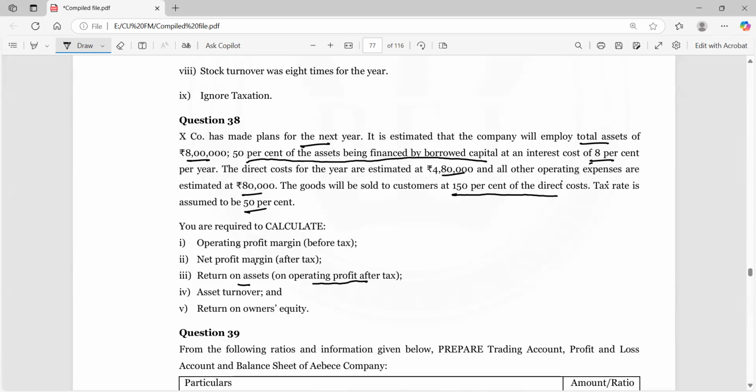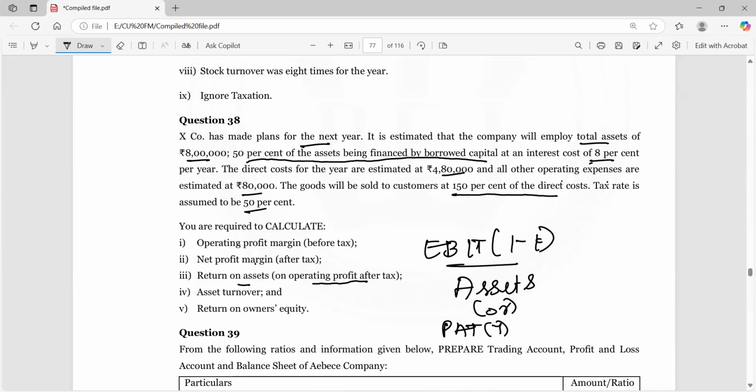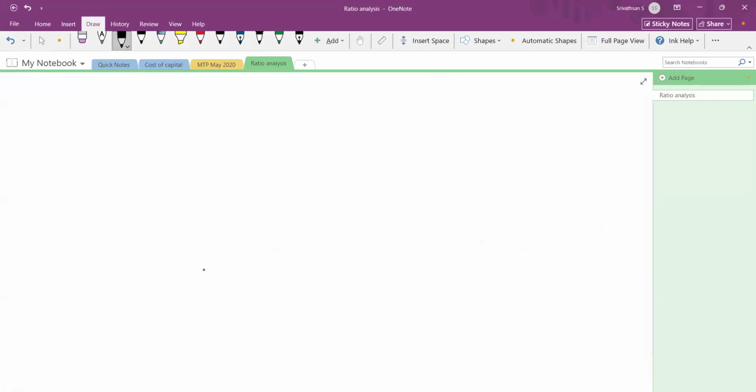You can use two formulas, either by total assets or you can use PAT plus interest by total asset, right? Now, fourth requirement, asset turnover ratio, sales by total asset. Return on owner's equity, net income by equity capital, right? So question number 38, we have to prepare the income statement first.